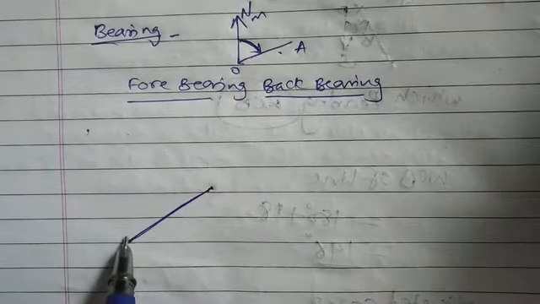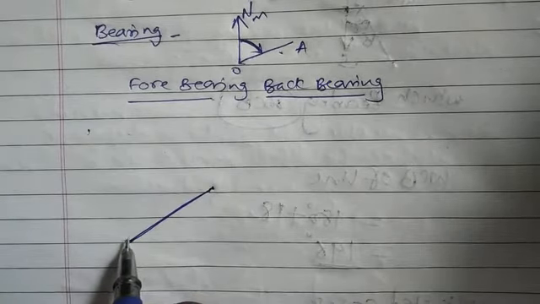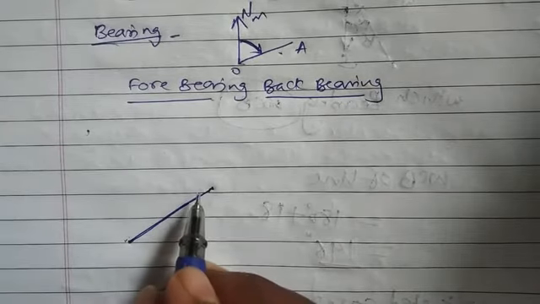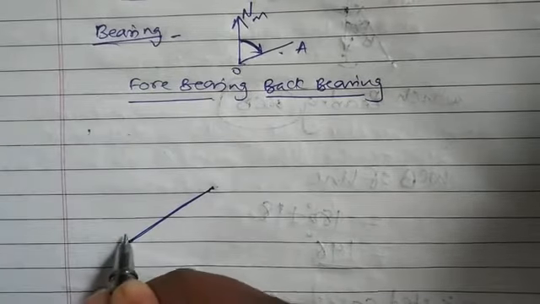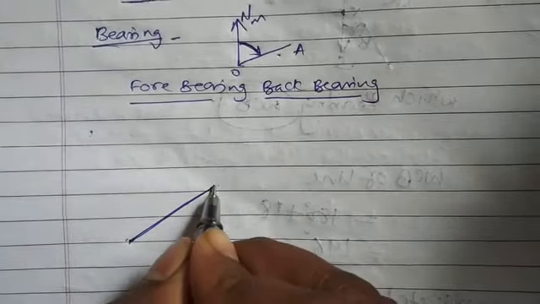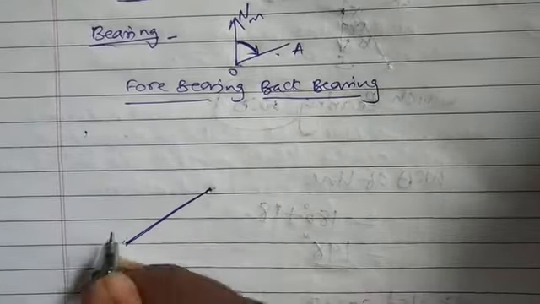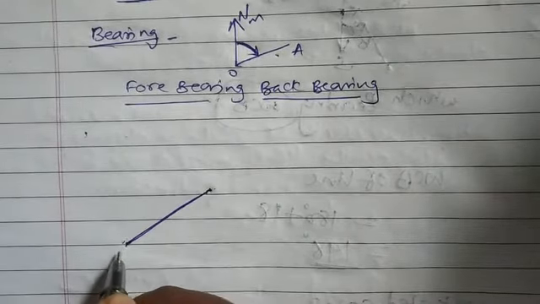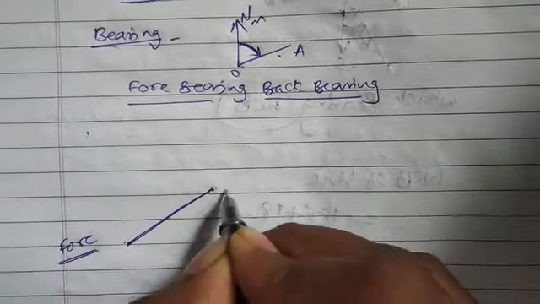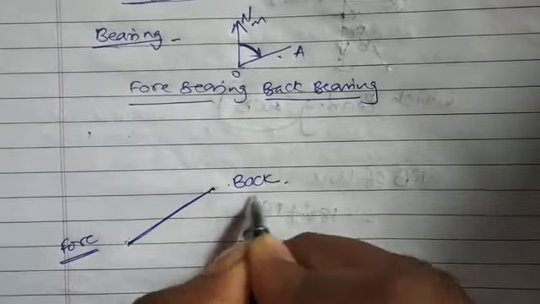Now in order to judge the progress of the line, we should take the bearing of the line at the starting point and at the end point as well. These two bearings taken at the starting point and end point have different names. The bearing of a line taken at the starting point is called the fore bearing, whereas the bearing of the line taken at the end point of the line is called the back bearing.